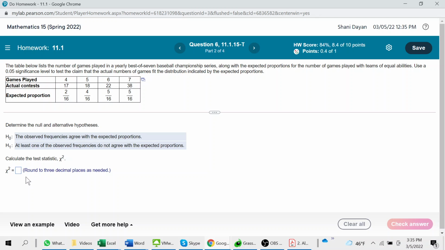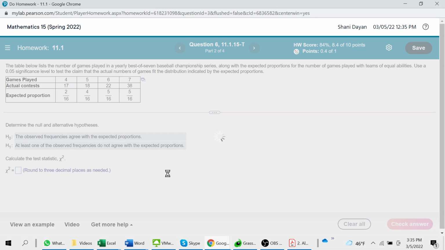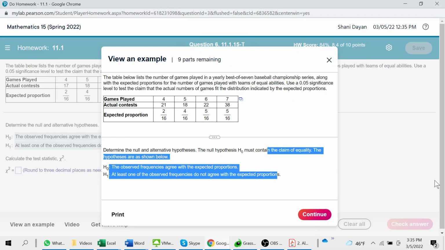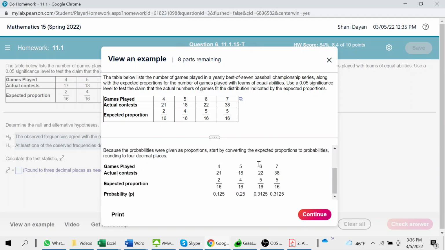The test statistic. All right, let me get my calculator. Let me just quickly look at the example just to make sure I'm on the right track.